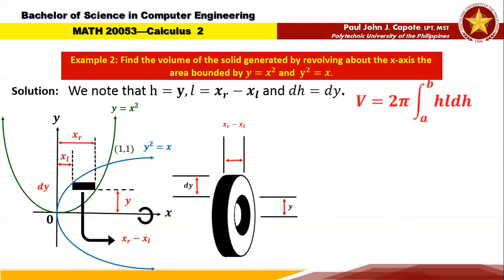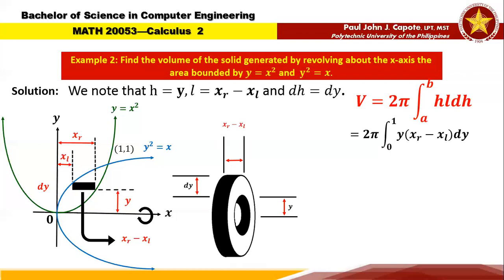Using the general formula, where h equals y, L equals x sub r minus x sub L, and dh equals dy, we have 2 pi times the definite integral of y times x sub r minus x sub L dy from 0 to 1. Take note of the integrand.